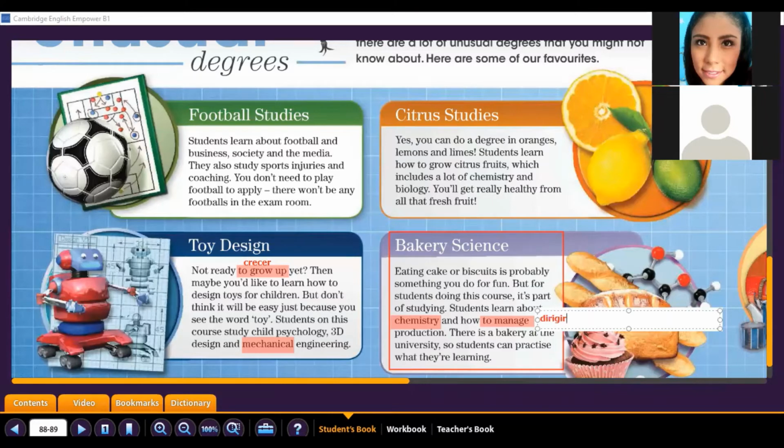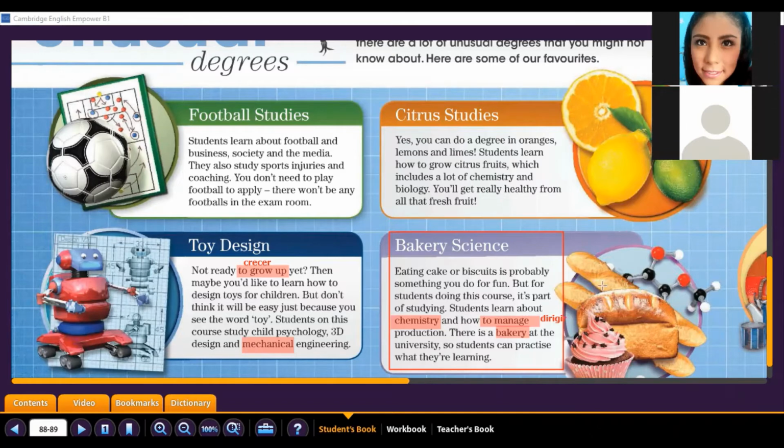There's a bakery. Do you know what's the meaning of bakery? Where you go and buy some bread. What is the bakery then? Donde venden todo lo que está en esta imagen.